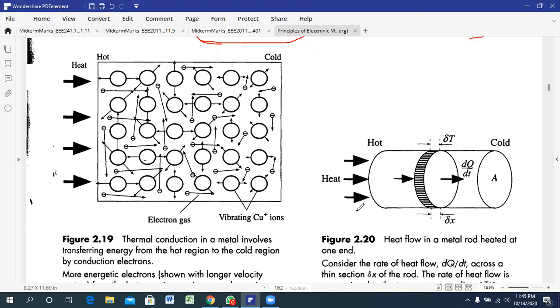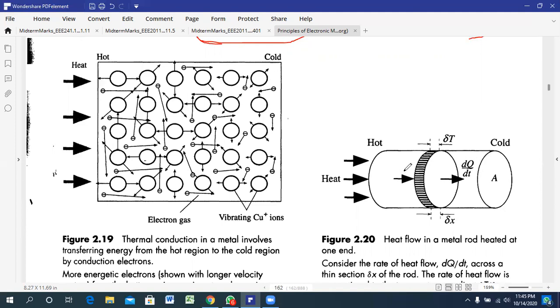So we are providing heat. This one is for a single electron. It moves a distance of delta x. Due to this temperature increase, delta T means the increase of temperature, and delta Q divided by delta t means the rate of heat change.